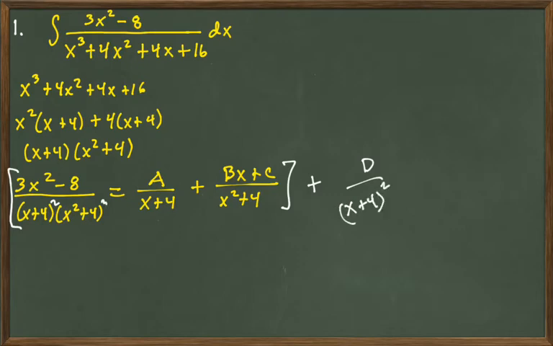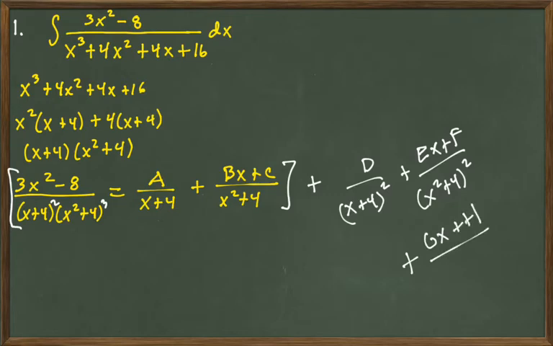And if we had a cube on the quadratic, then we'd have plus (Ex + F) over (x^2 + 4)^2 plus (Gx + H) over (x^2 + 4)^3. We don't really do a whole lot like this because the systems of equations get a little messy. So let's go ahead and take all of this off, and we'll perform our partial fraction decomposition on what we have here.